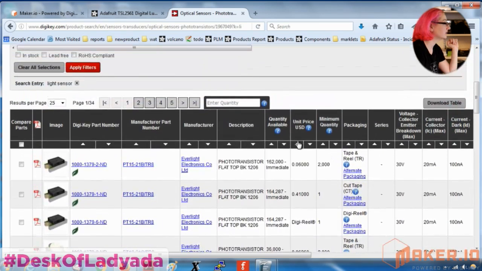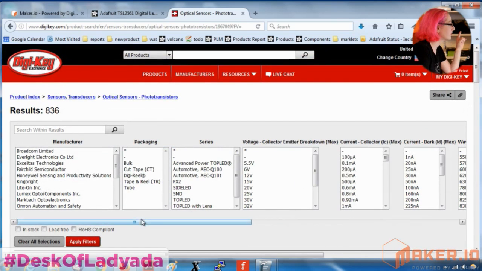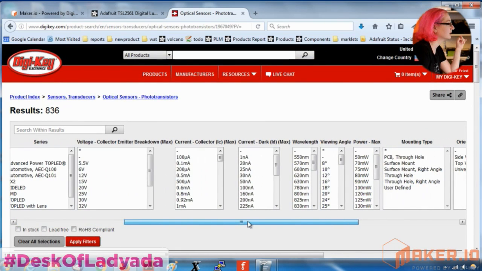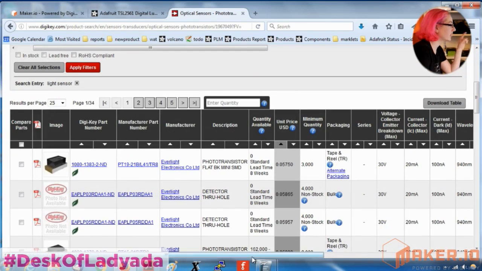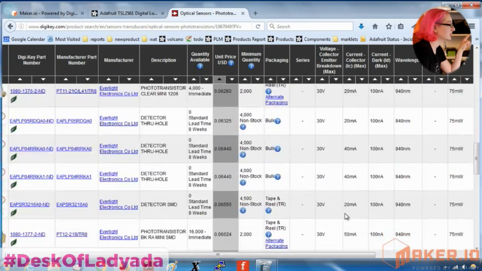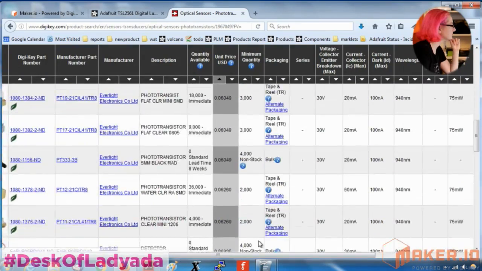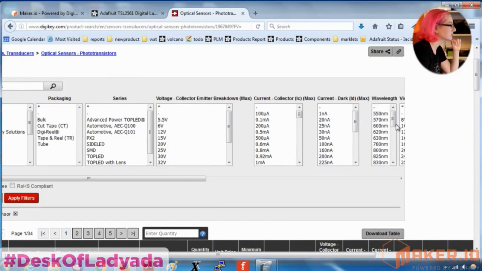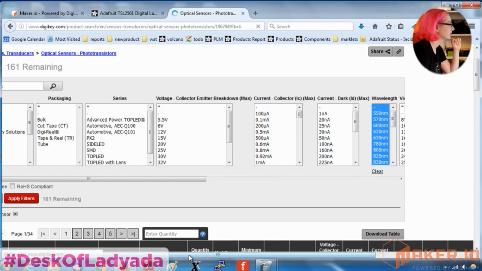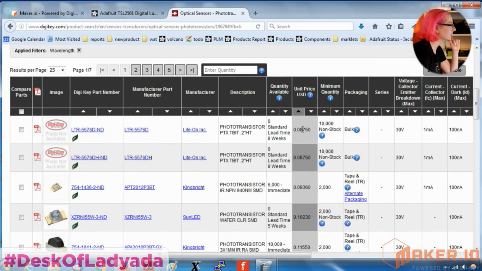Let me try here. The wavelength for the IR ones is about 940, and I want mine to be different. Maybe I'm a little confused. Okay, there are some phototransistors. You can get them for like 8 cents.